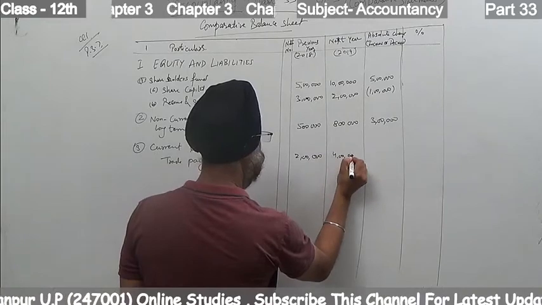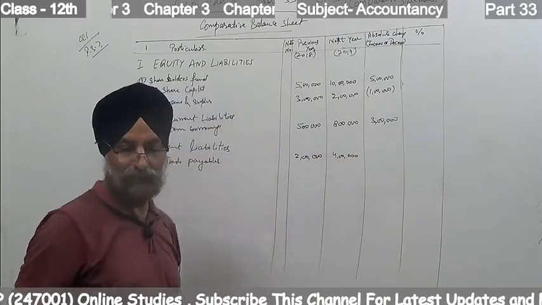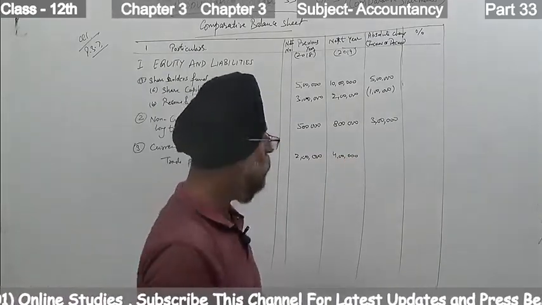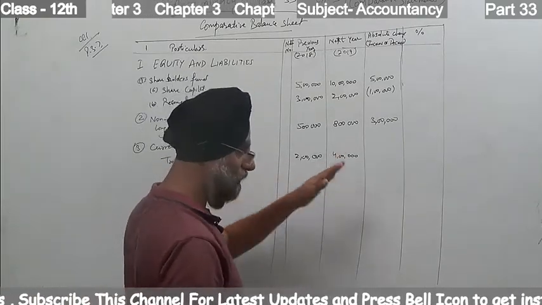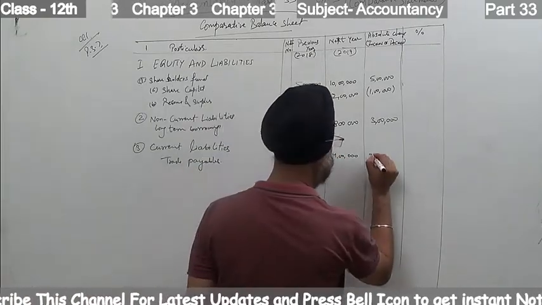Values are given in the question. You have to arrange these values in this proforma. It increases by rupees 2 lakh in the year.